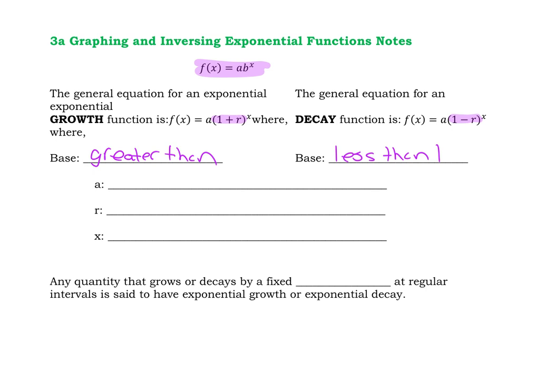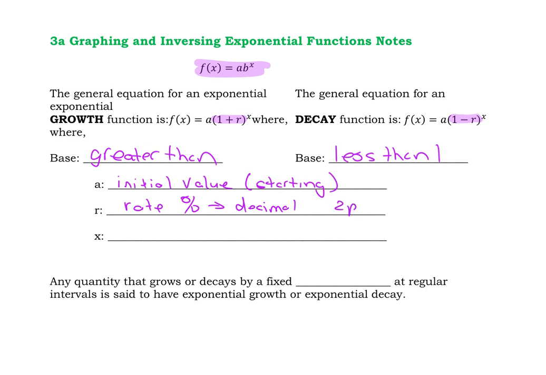The base can never be 1 because nothing's growing. 1 to any power stays 1, so it can't grow or decay. Okay, the a value in these equations is called the initial value, which is our starting point. The r is a rate, which is usually in a percent and that we convert to a decimal.